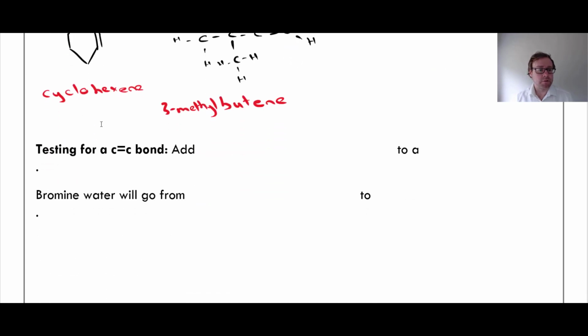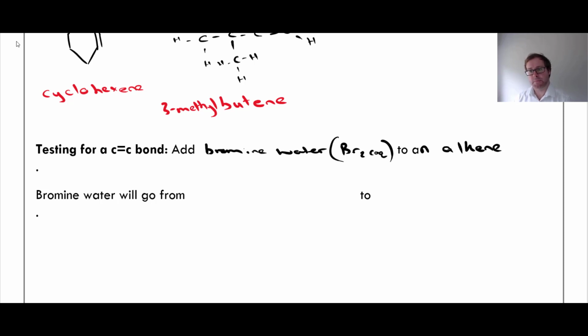Okay, so testing for a carbon-carbon double bond. How do we test for a carbon-carbon double bond? Well, we add bromine water, Br2 aqueous, to an alkene.